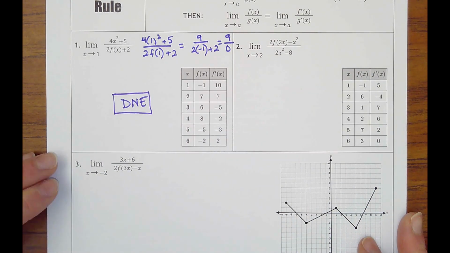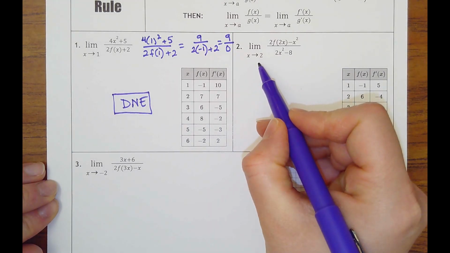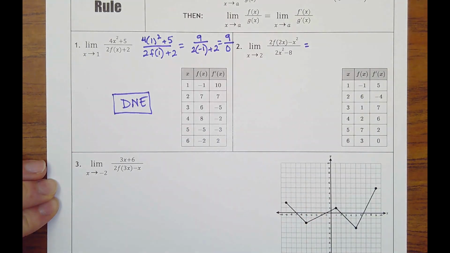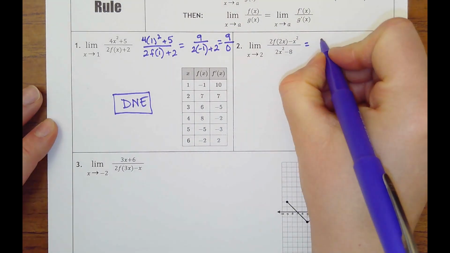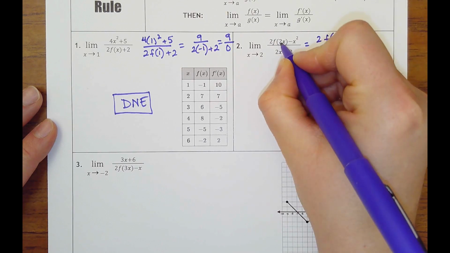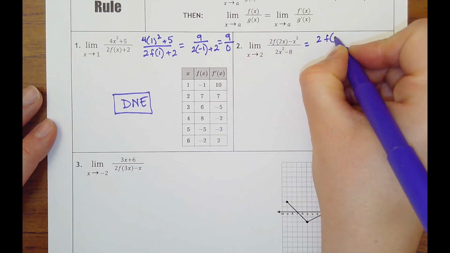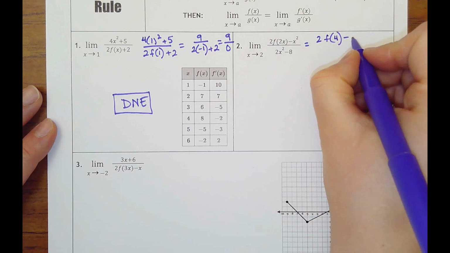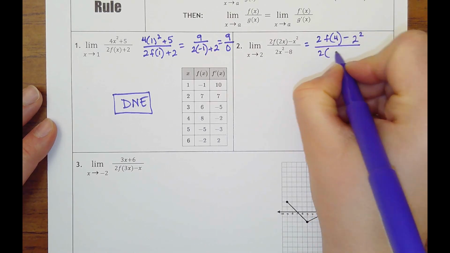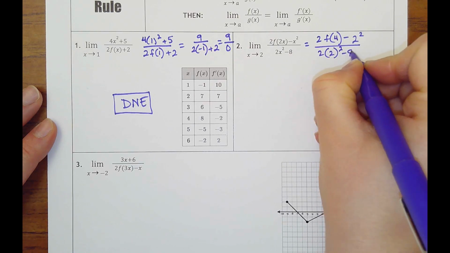All right, number 2. We're going to plug in x is 2, see what happens. So this would be 2 times f of, you're going to take 2 times 2, which is going to be f of 4, minus 2 squared, over 2 times 2 squared minus 8.